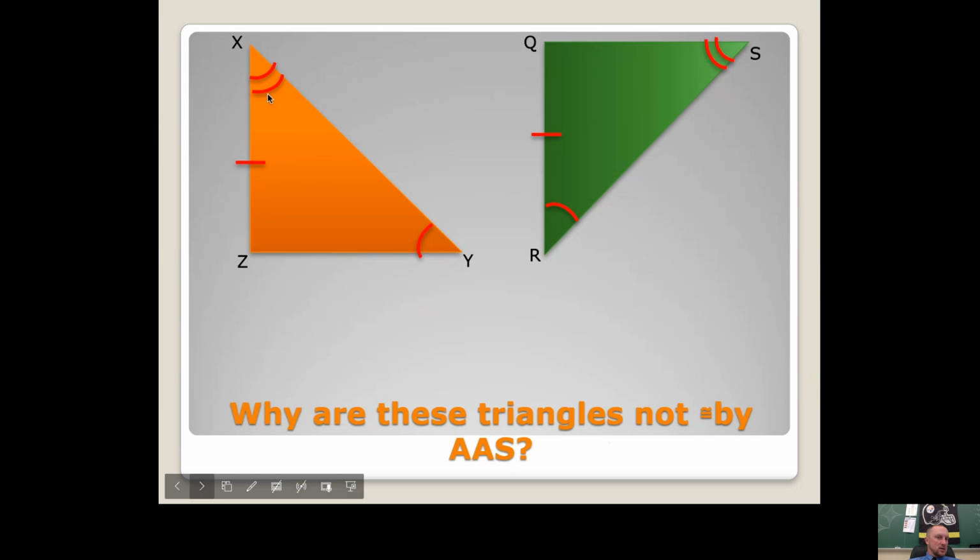Notice how this side touches an angle with two arcs and an angle with no arcs. This side touches an angle with no arcs, but it doesn't touch the angle with two arcs. So what you needed to do was say that this side was congruent to this side, or to say that this side was congruent to this side, not these ones. These ones can't be congruent to show that the triangles are congruent by angle side.